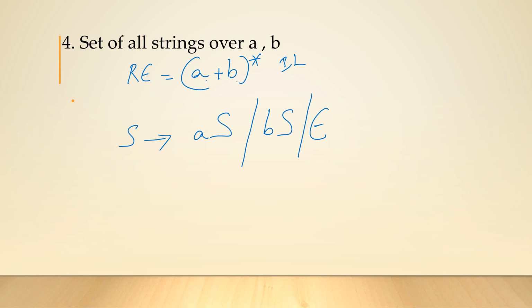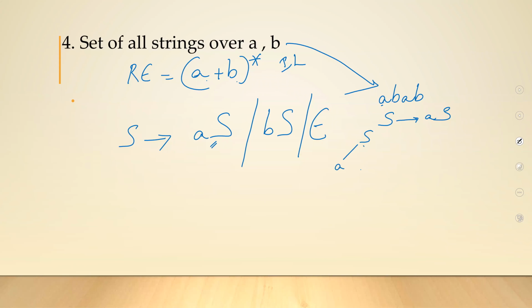So let's simply try proving it. Let me take a random string like AB. I'll just try proving it. This very much follows my question. AB. So I need to start with small a, so I'll be going for this production tree. I'll write S is A, S. I'll build up the tree, that is easier.